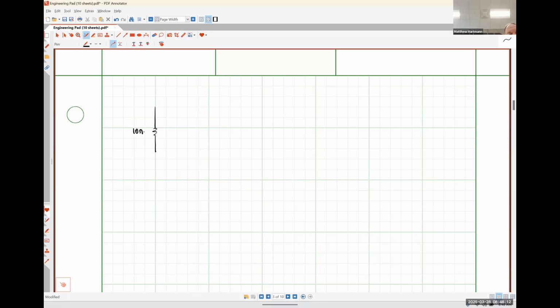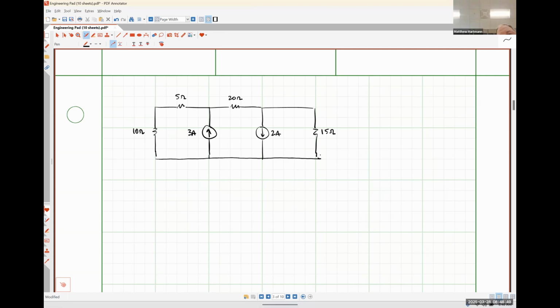So here's a 10 ohm resistor, a 5 ohm resistor, a 3 amp source, 20 ohm resistor, two amp source, and maybe a 15 ohm resistor. Over here, right?